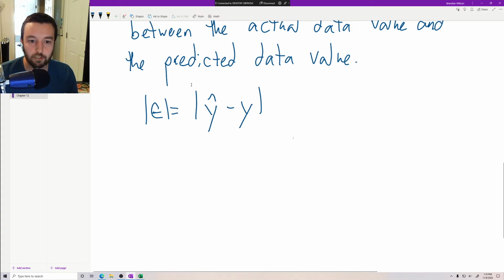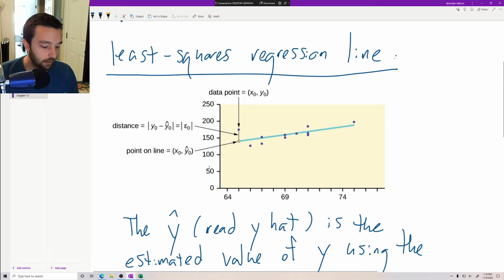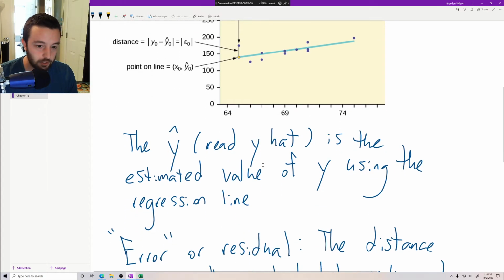So the absolute value is just there so that you can do the subtraction in either order, and you'll get the same thing. Okay. So it's important to note this isn't an error in the sense of a mistake, right? We're intentionally using this line, so it's not mistaken. It's just how far the true value is away from the predicted value. Okay.